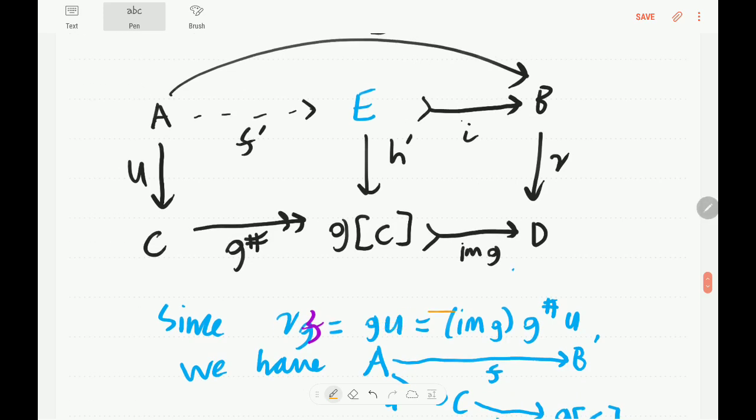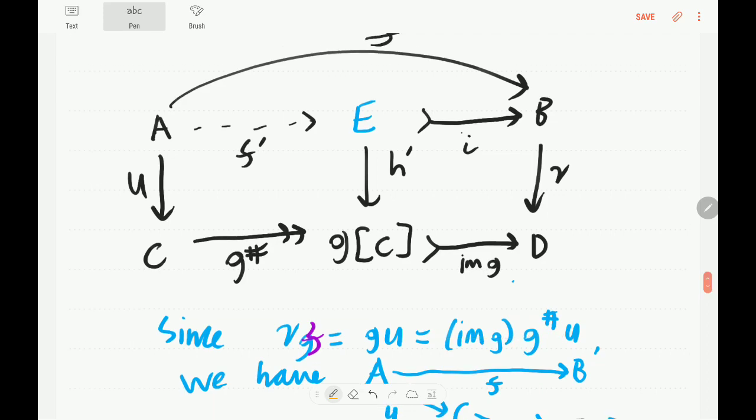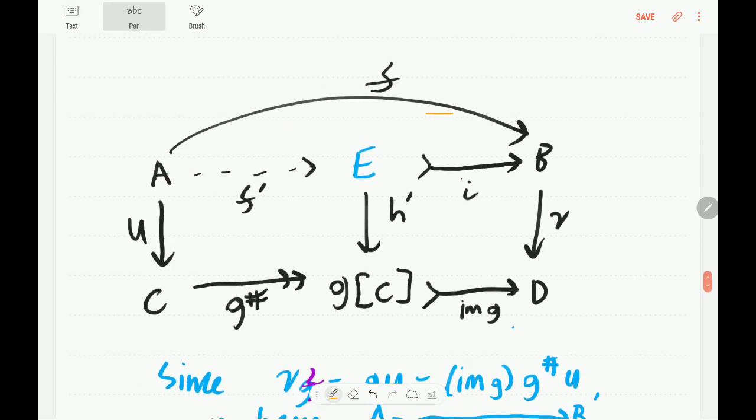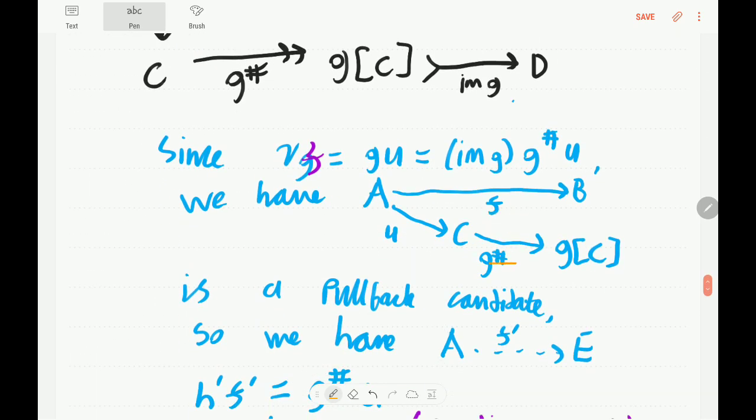And just expanding this out, we get that VF is IMG G hash. So then we have that these two things, F and G hash after U, are sort of pullback candidates.